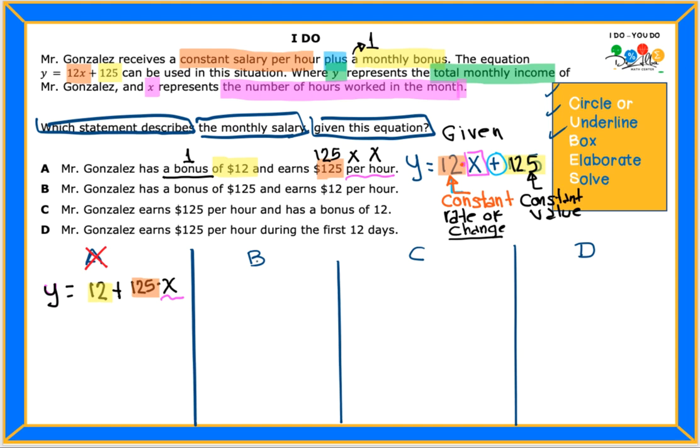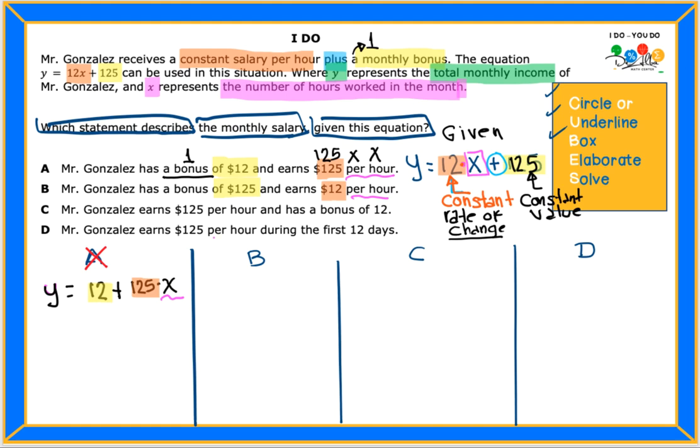For choice B, they said Mr. Gonzalez has a bonus of 125. So this is the constant value. And then earns 12 per hour. So this is the rate of change. And they said a constant salary, I put it in pink and orange, I'm sorry, and then says per hour. And I'm gonna do the equation.